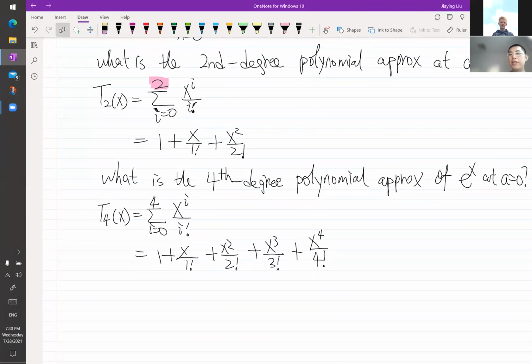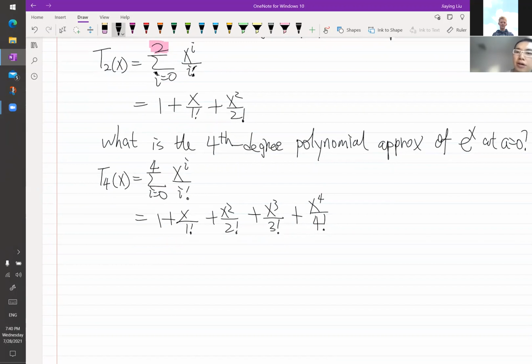So that's the nth degree polynomial approximation. You probably wonder, why do we talk about this? We talk about this because this is just an approximation, and we want to know how accurate it is.